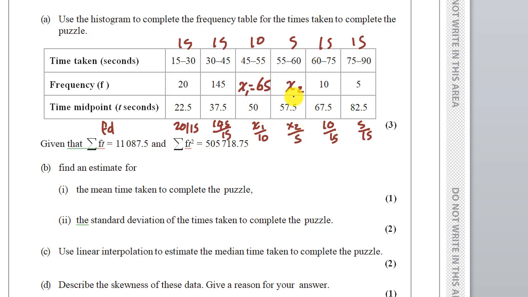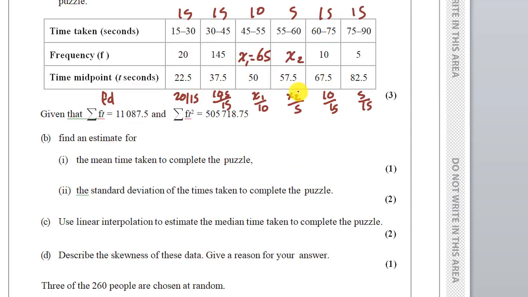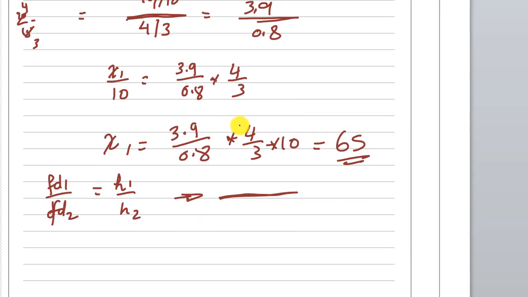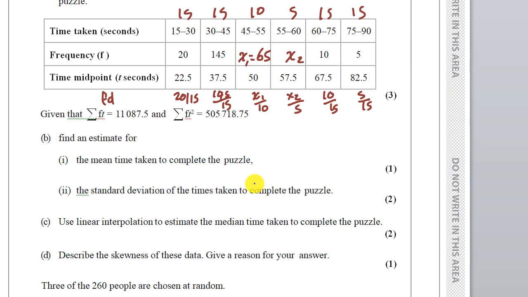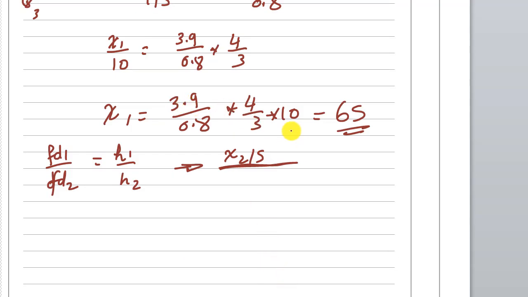Now we need, in the same process, x2. So again, FD1 divided by FD2 is equal to H1 divided by H2. So from here, x2 divided by 5, we will take again 4 divided by 3, equal to, here we know it's 0.8.